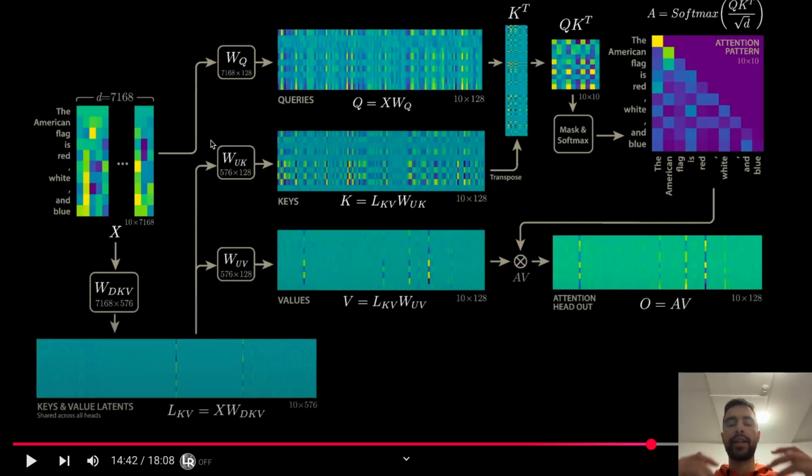The idea here is instead of computing the whole key and value and storing it into memory, we will compute a lot smaller vector that will later help us compute keys and values as we are generating tokens. So we will just store this a lot smaller matrix into memory.